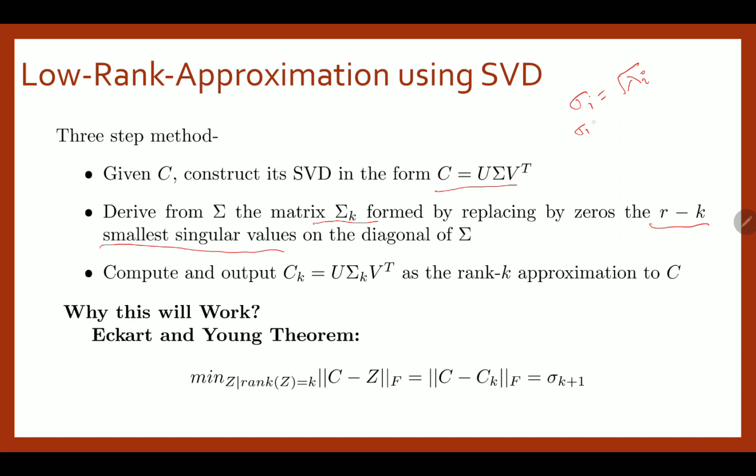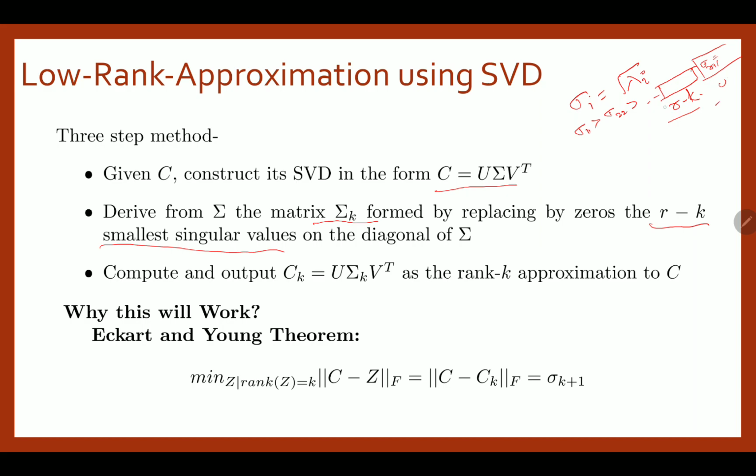So sigma 1 is greater than or equal to sigma 2, and so on. We take the smallest R minus K sigma values and put them to 0, because from sigma R plus 1 onwards, everything is anyway 0.